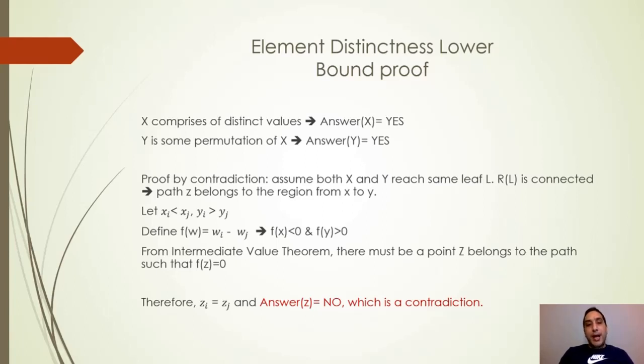And so let's define a function f of w equal to wi minus wj. Therefore, f of x is going to be less than 0 since xi is less than xj, and f of y is going to be greater than 0 because yi is greater than yj.